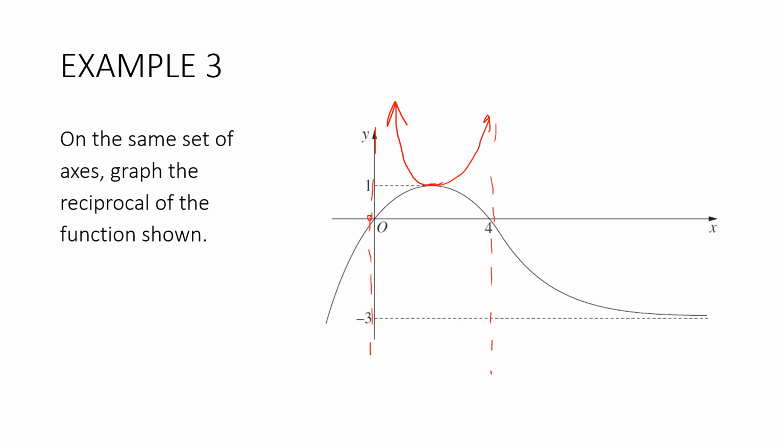So in the reciprocal, we're going to have a horizontal asymptote at negative a third, which is probably about here. When we look for y is equal to negative 1, that's there. So we're going to tend up that way and then tend down to infinity there.